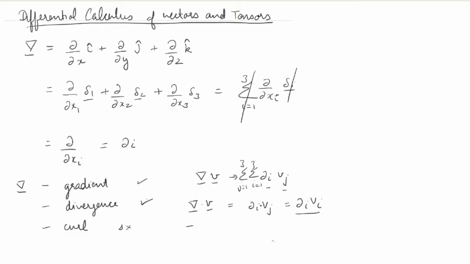And when we find the curl, del cross v, this will become a vector quantity, and this is ∂i vj εijk. Physically, the gradient tells us how vector v is changing in all the directions, while divergence physically means the accumulation of quantity v in a differential volume. Curl tells us how quantity v is changing with respect to each other in a differential volume.